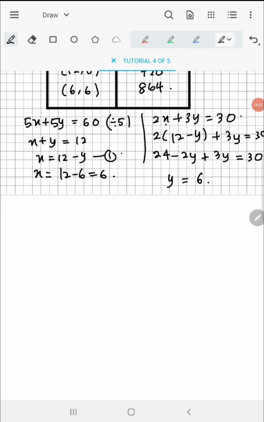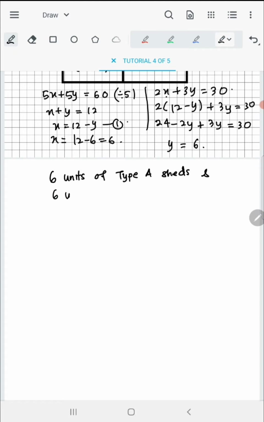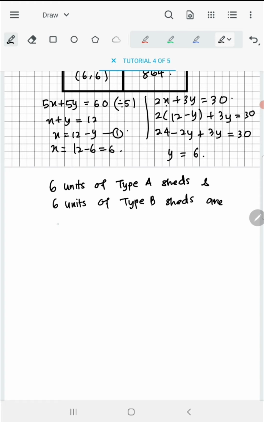Okay, so the conclusion here is 6 units of type A shares and 6 units of type B shares are needed to produce in order to maximize the profit.